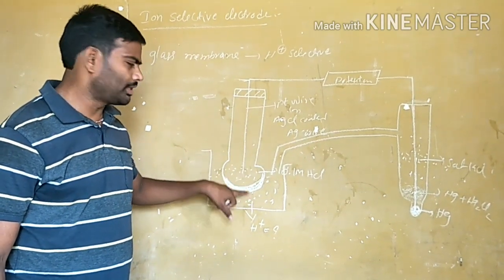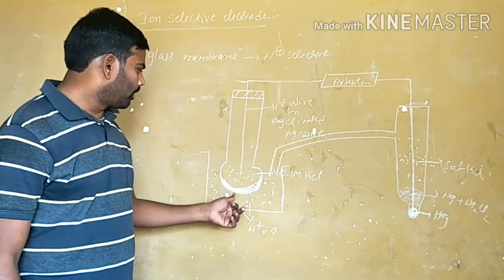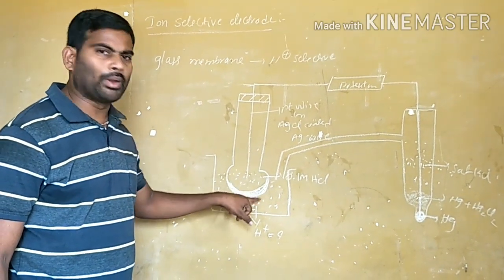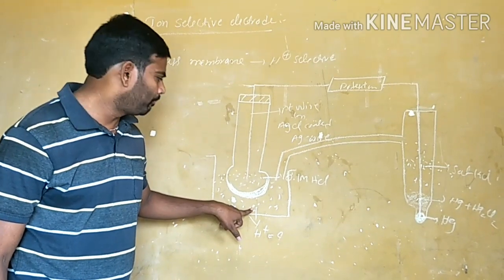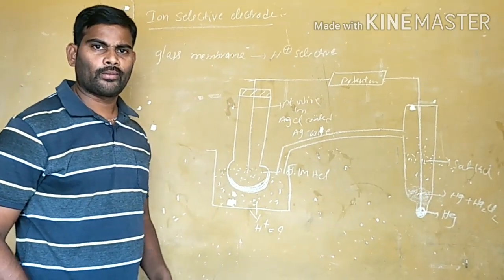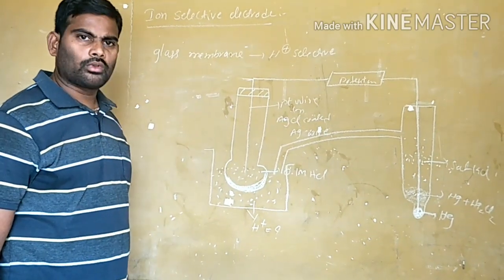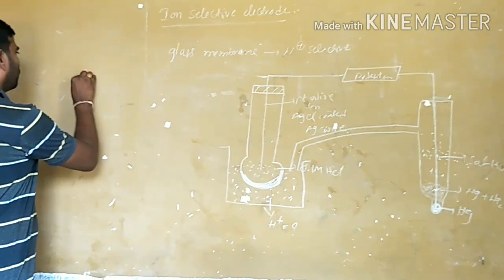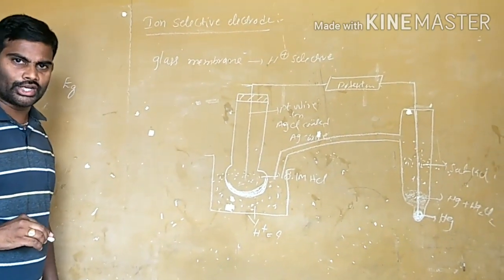The potential developed at the surface of the membrane depends on the concentration of the solution. And this glass electrode potential value, Eg, the single electrode potential, is calculated using the Nernst equation.